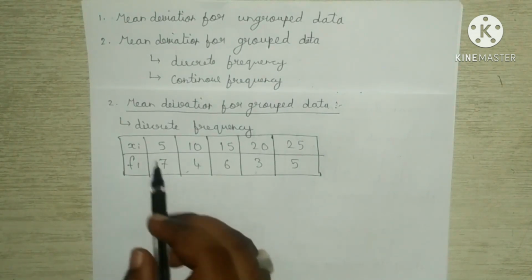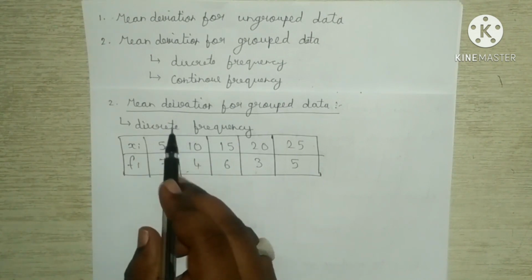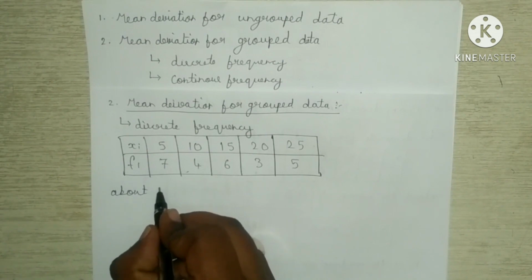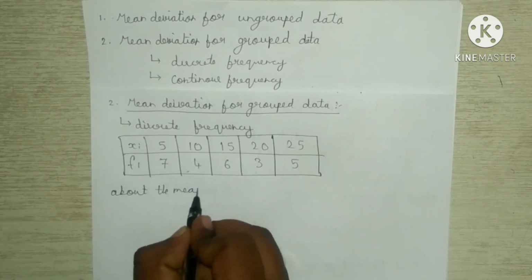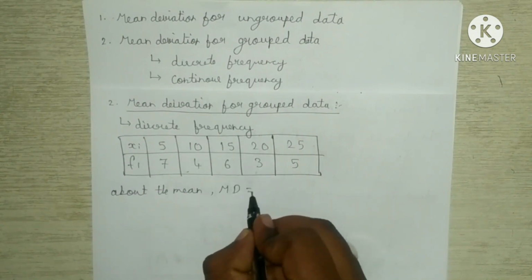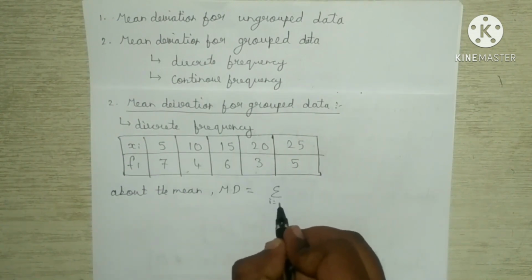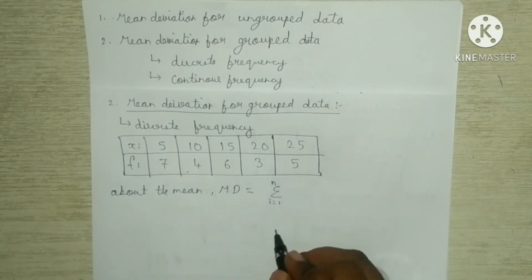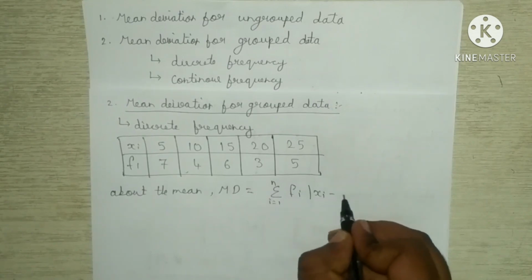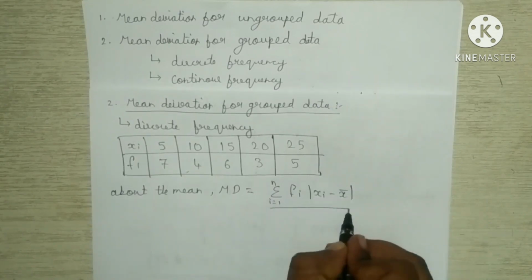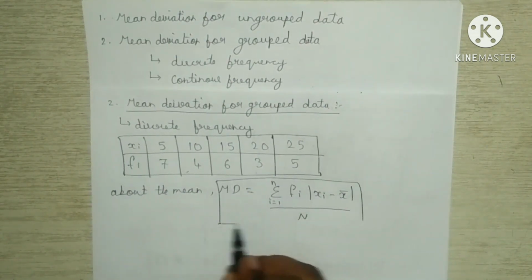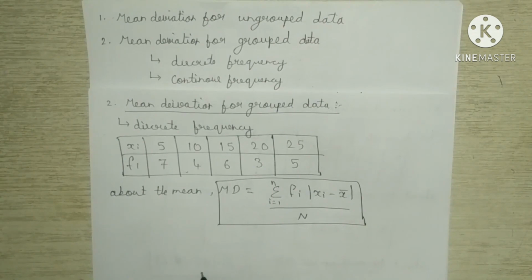If the question asks to find the mean deviation about the mean for group data, you need to use the mean deviation formula: summation i varies from 1 to small n, fi into modulus of xi minus x bar, all divided by capital N. This is the mean deviation formula for group data about the mean.